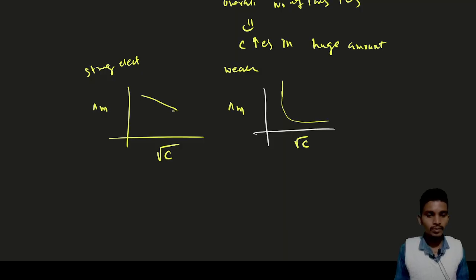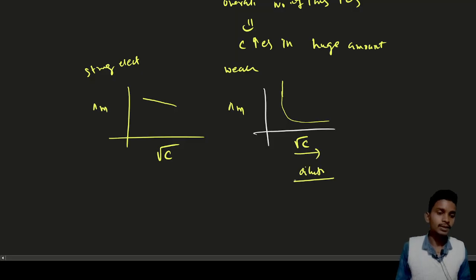So here, after adding water, it increases, or it may be like this, where a very small amount of increase happens. Here, this is concentration. If concentration increases in this direction, then dilution increases in this direction.